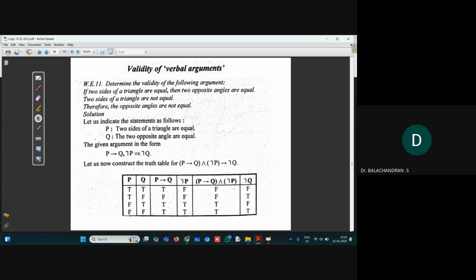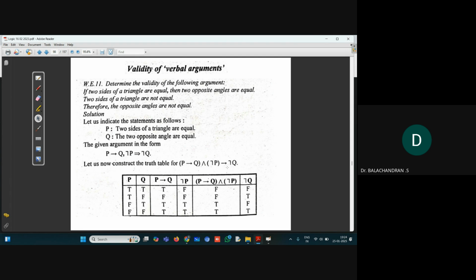So usually we will solve this problem without using a truth table, but here they are using a truth table. So we'll check it: P implies Q and negation P implies negation Q. This should be a tautology, then only it is a valid statement.